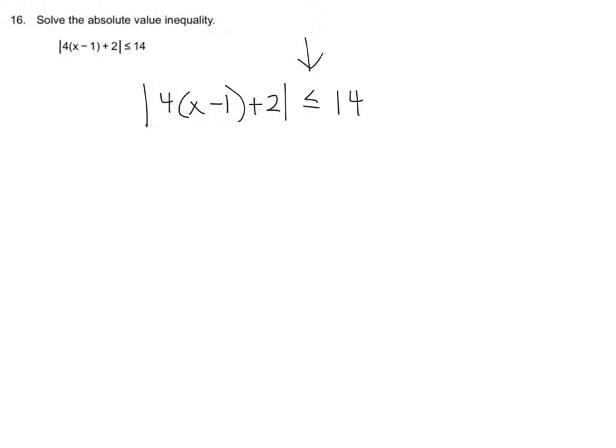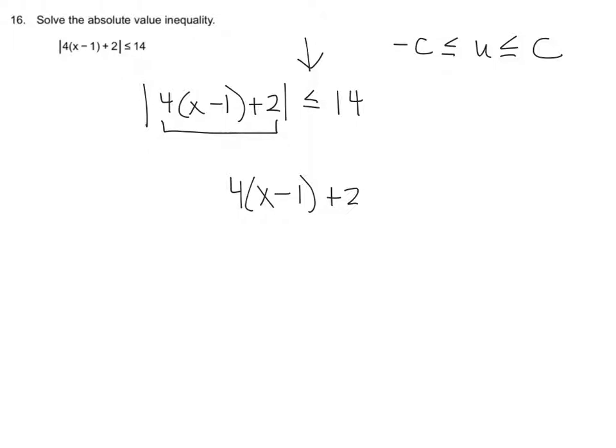Since our sign is less than or equal to, I'm going to write the equation as a compound inequality, which is negative c is less than or equal to u is less than or equal to c. So this tells me that I'm going to put the expression within the absolute value bars in the middle of my compound inequality.